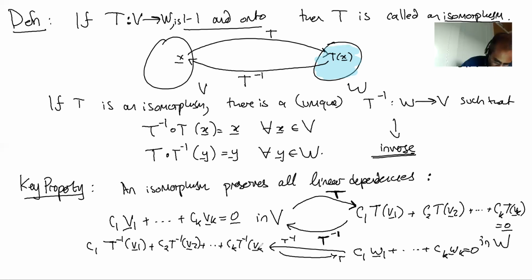Exactly. So being 1-to-1 and onto allows us to always go back and forth for any linear dependence, either in V or in W, by applying T inverse and T. That's why 1-to-1 and onto are important. It's a very good question. So maybe I'll just flatten this arrow since I've run out of space.